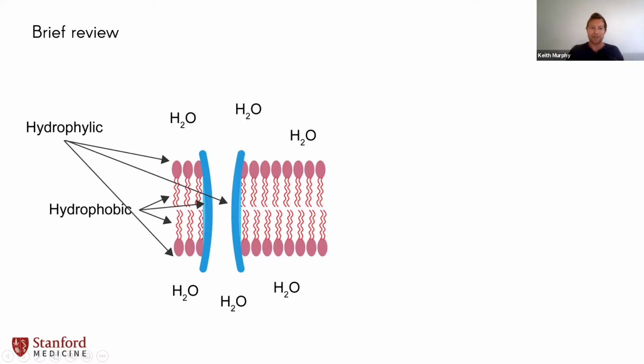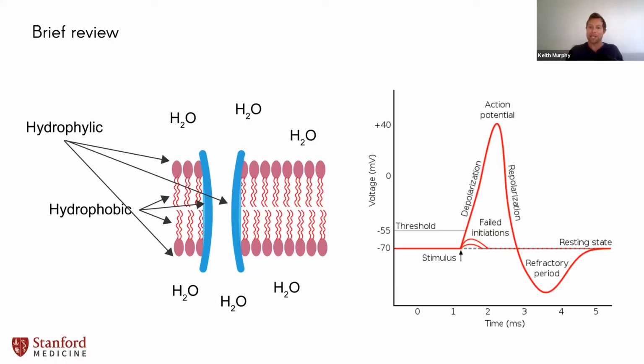So the hydrophobic structural elements will interface with our lipid structures here, and the hydrophilic internals to these channels may allow water or ions to flow on the inside, or charged molecules to flow across them. So just a reminder of what that looks like, and that'll come up in a moment.